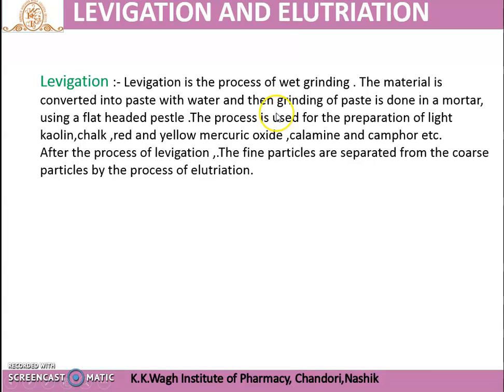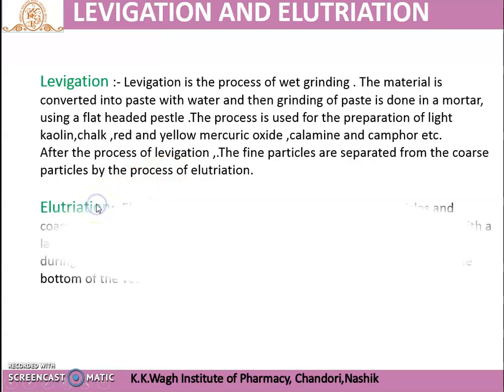The process is used for the preparation of light kaolin, chalk, red and yellow mercuric oxide, calamine, and camphor. After levigation, the fine particles are separated from the coarse particles by the process of elutriation. Levigation is nothing but the wet grinding of the material to form a paste.